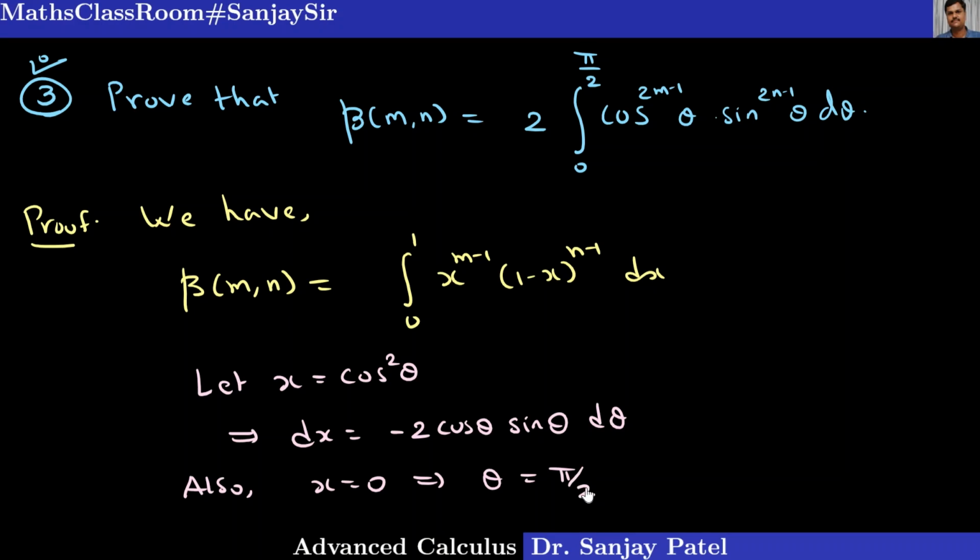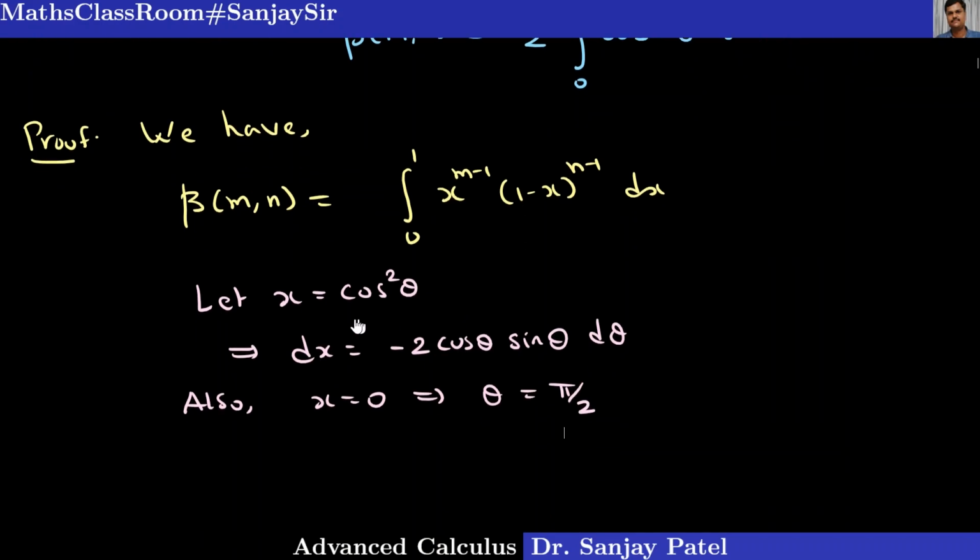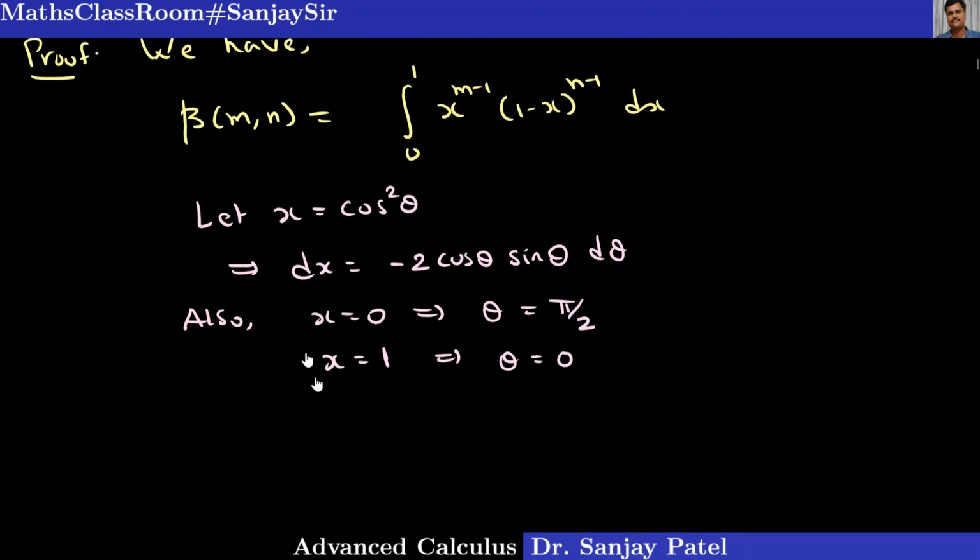Because x is equal to cos square theta, you can put x equal to 0 over here, you will get cos square theta is equal to 0. That means cos theta is 0, and therefore theta is pi by 2. And when x is equal to 1, the upper limit of integration, we get cos square theta is equal to 1, and taking the positive value, we get theta is equal to 0.